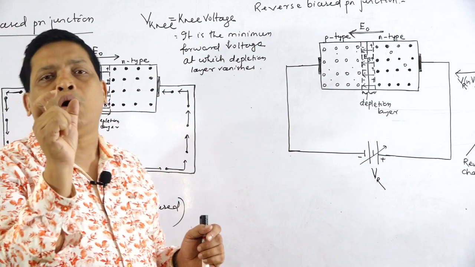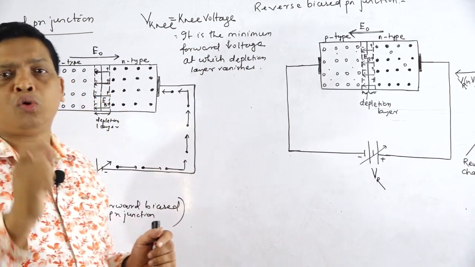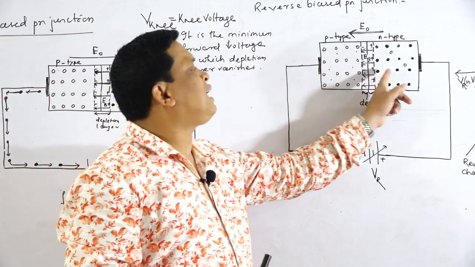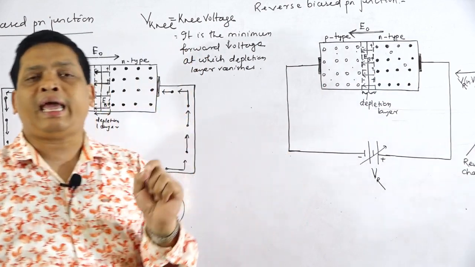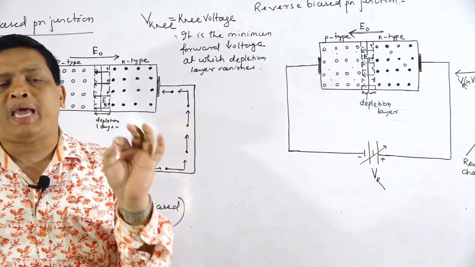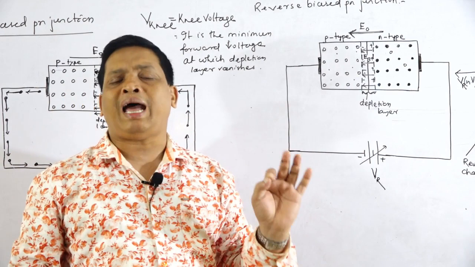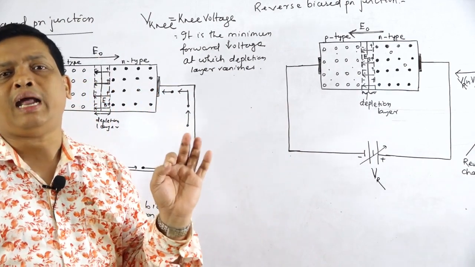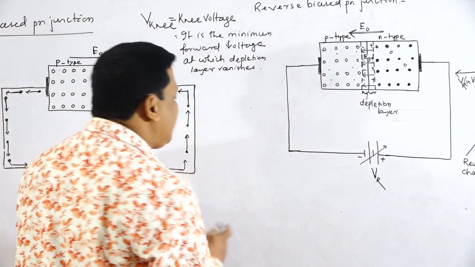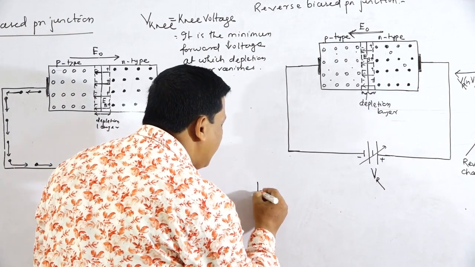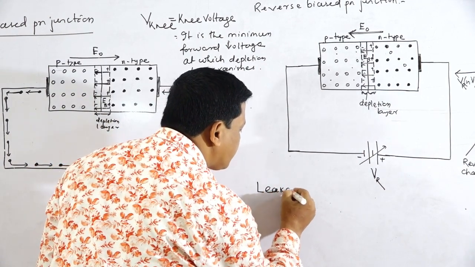This small current due to the minority charge carriers in a reverse biased PN junction is known as leakage current, I leakage.